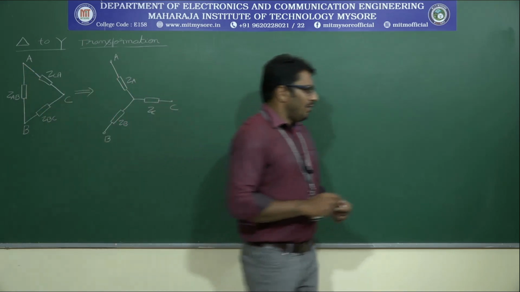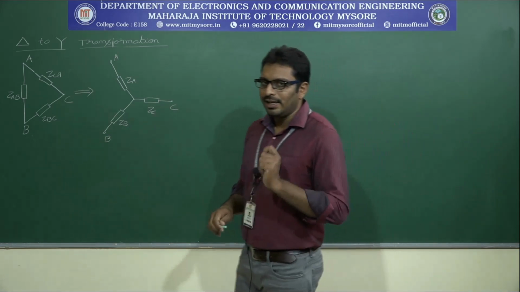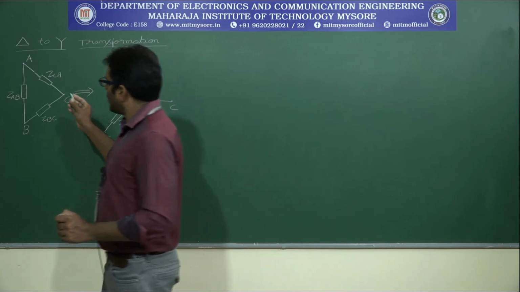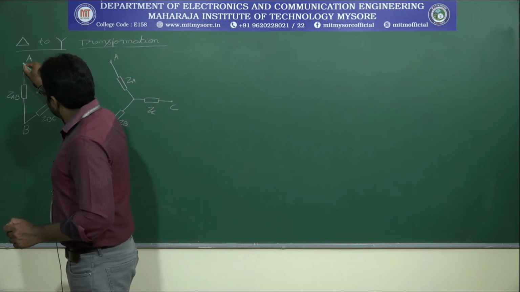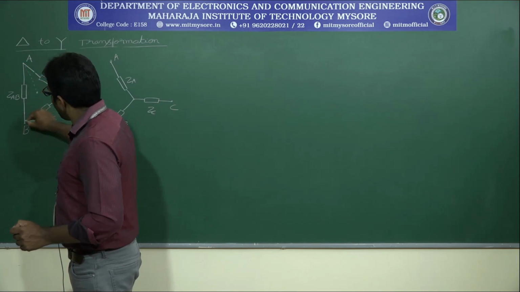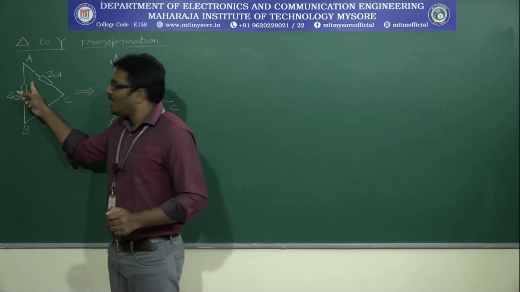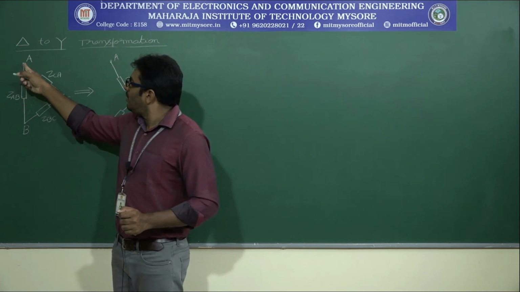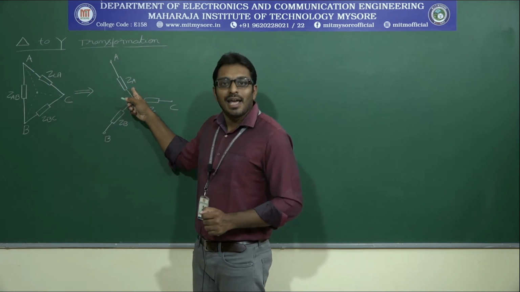Now, we can replace these three impedances connected in delta pattern by a star connection. See how we can replace, just make it as a star connection. Now, this impedance is connected only to the terminal A. That is why it is named ZA.